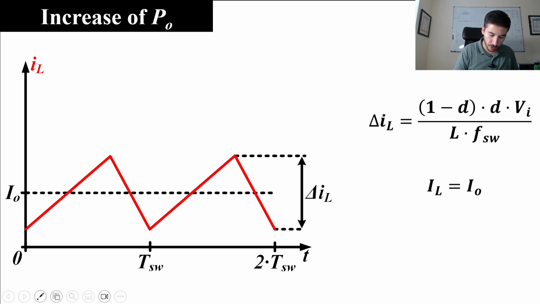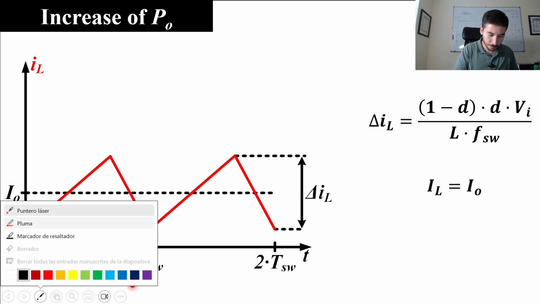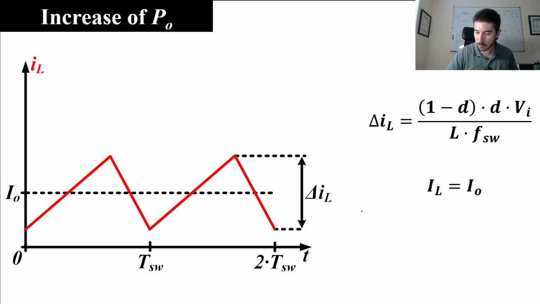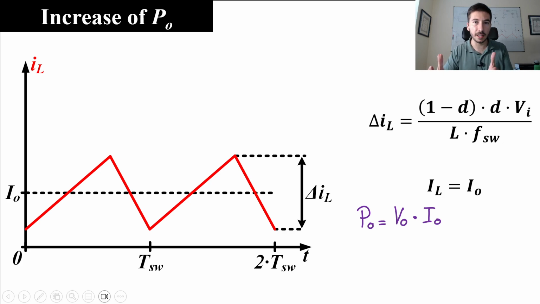So what happens if we increase the output power? The output power is the output voltage times the output current. When we supply a load, we don't change the voltage supply. The load will require a fixed voltage and we have to preserve it during all the time.